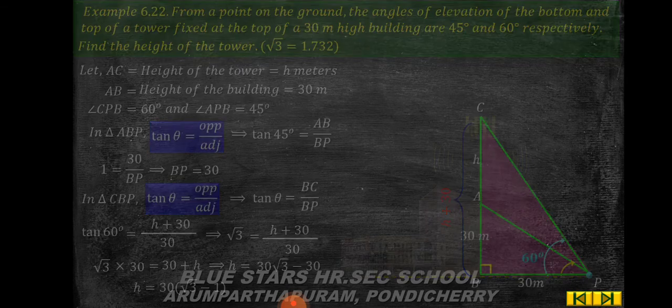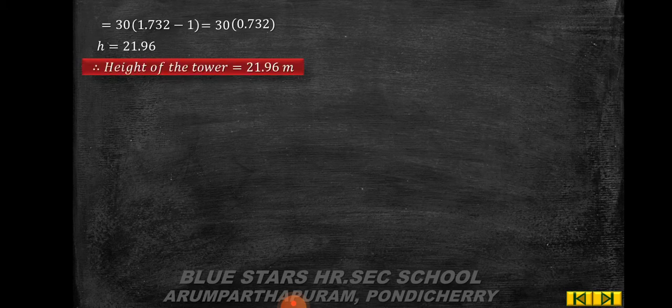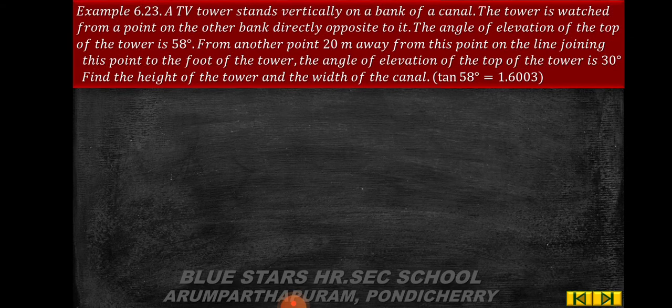So H is equal to 30 into root 3 minus 1, which is equal to 30 into, root 3 value given in the question itself, 1.732 minus 1, which is equal to 30 into 0.732, which is equal to 21.96. That is your height. Therefore, height of the tower is equal to 21.96 meter.